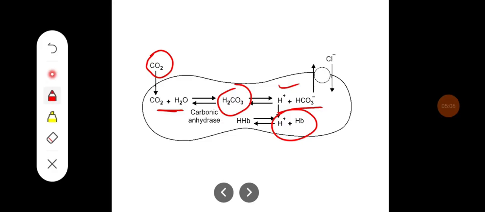The HCO3 moves out of the cell in exchange with chloride ions with the help of band 3 protein, and this is called chloride shift or Hamburger's phenomenon. To maintain the neutrality, some of the ions also enter inside the cell, which drags some amount of water, and it increases the volume of RBC.